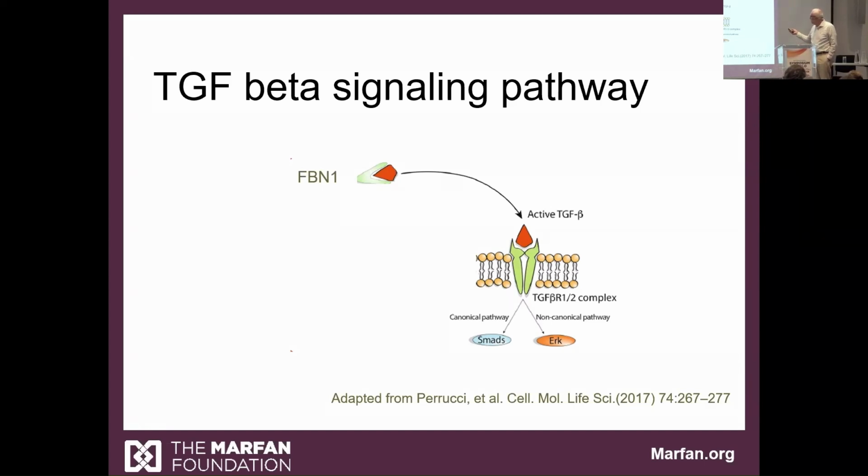These produce signals that go into the cell, and other series of proteins eventually carry the message into the nucleus. So the signaling pathway has several components beginning outside the cell and ending up at the nucleus. Important programs are turned on and turned off in the nucleus, and the result is a pro-inflammatory, pro-fibrotic type of process that can damage the aorta.